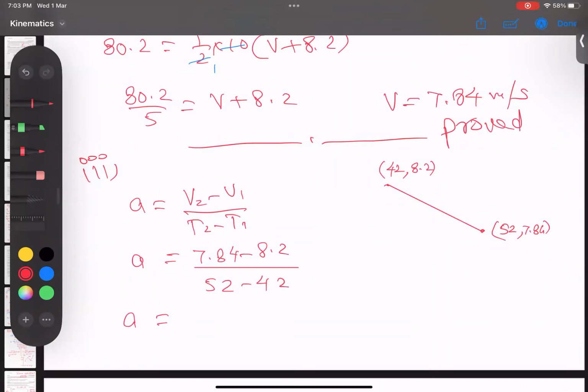Subtracting 7.84 minus 8.2 gives negative 0.36, divided by 10, so negative 0.036. He said deceleration, so we leave out the negative sign, because the word deceleration itself means negative. So the answer is 0.036 meters per second squared.